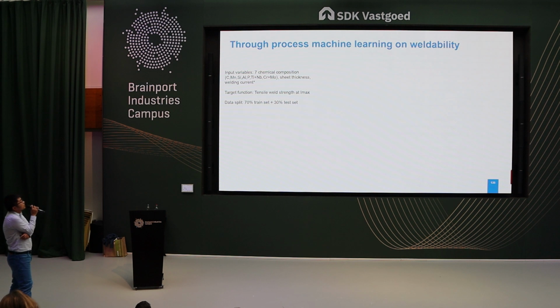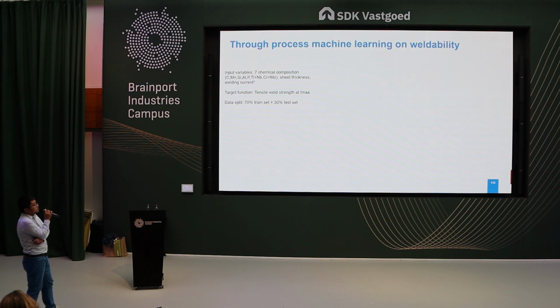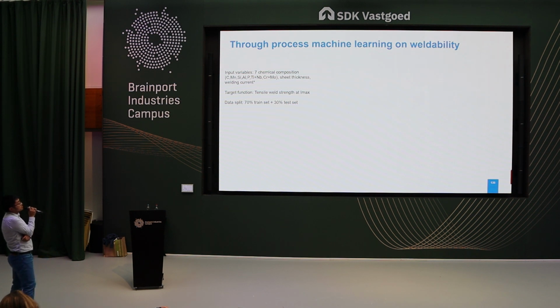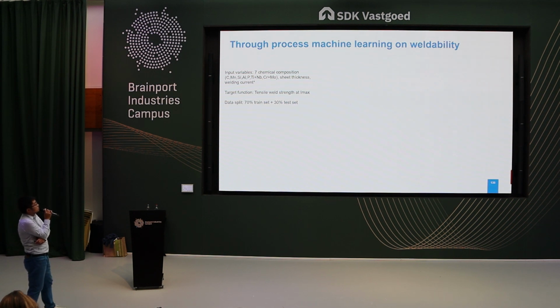Here is a model, and this is a universal model, so it doesn't matter if you change to another material or another welding process, because the input variables are based on the chemical composition, sheet thickness, and also the welding current. We set our target function as the tensile weld strength at the current maximum.